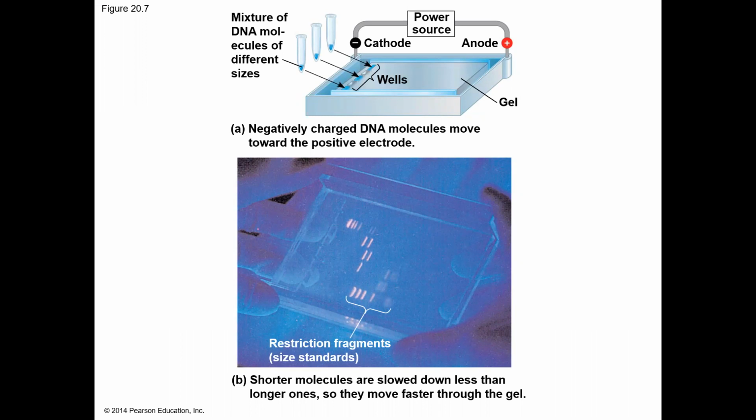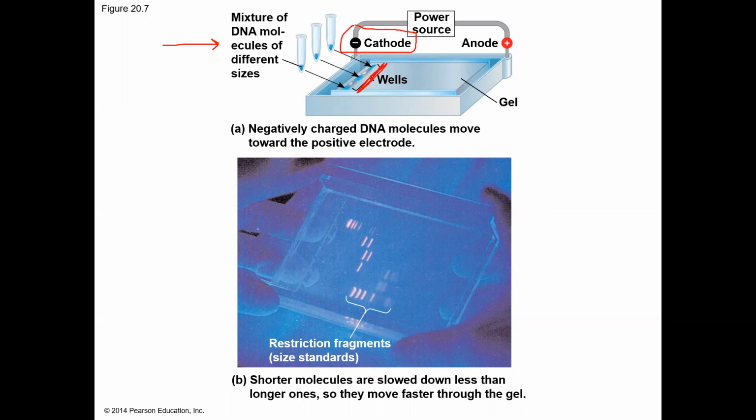But what you're doing when you're looking at your well, let me start with A up here before going to the bottom one. So DNA here, when you add your sample to the wells in the gel, you're always going to load them on the negative side, the cathode side.